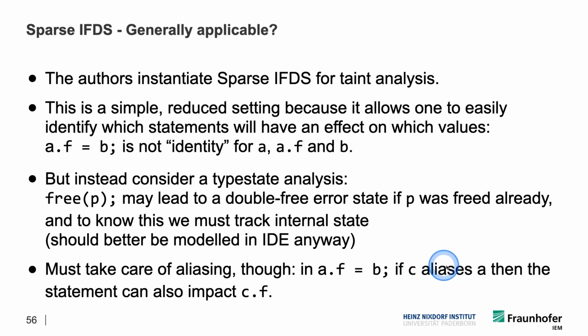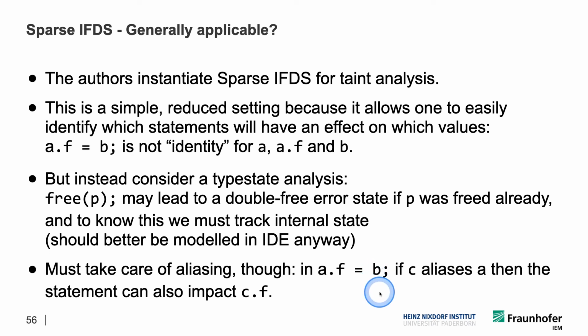So they both point to the same object. Then this means that this statement not only can have an effect on A.F, but also on C.F, right? Because they are essentially the same. And that's then important, right? So it means that this statement is actually not having a fact-specific identity function for an expression C.F.